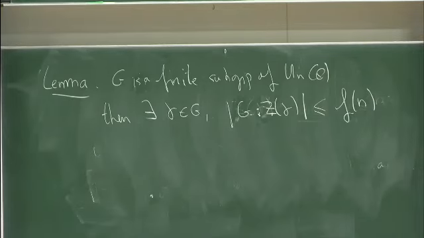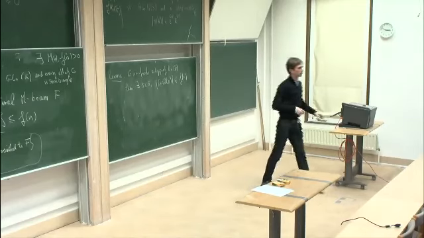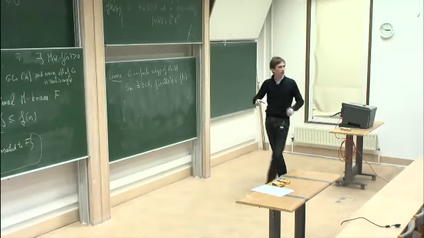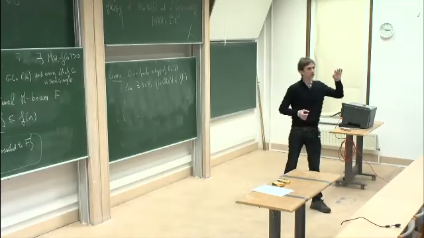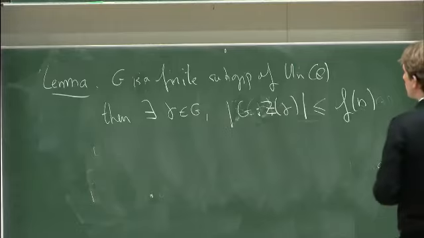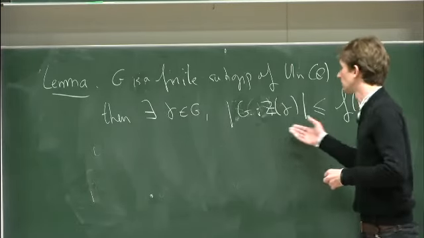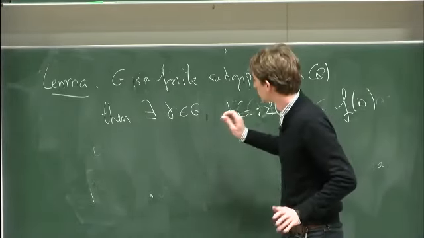Okay. So this is the way the geometric argument goes. You have this finite group inside U_N(C). You're going to identify an element with a large centralizer. And once you have found this element with a large centralizer, then you want this element to be non-central.